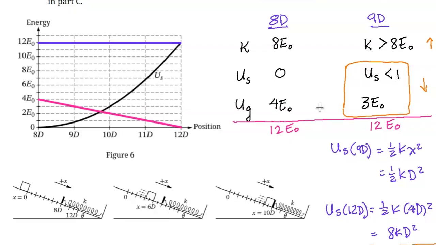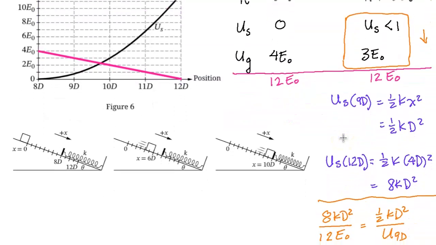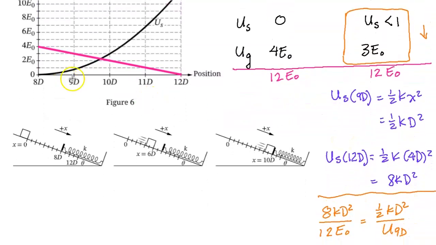However, I was mentioning that this looked like it's kind of close to 1 E naught, and I didn't just want to assume, I actually want to calculate that. I'm thinking that if you just assume this is less than 1 E naught, you probably got the point for this part. But let's go ahead and calculate just to see if we can show that it really is less than 1 E naught. So the spring potential energy at 9D is equal to, and the equation for spring potential energy is 1 over 2kx squared.